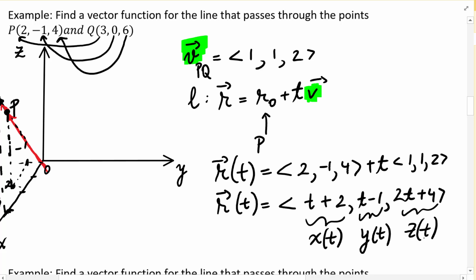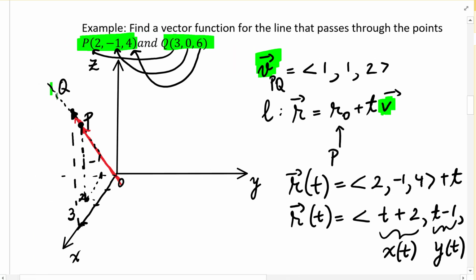If you give to t the value 0, you're going to get 2, negative 1, 4, which are exactly the coordinates of P. If you give to t the value 1, you get 3, 0, and 6, which are the coordinates of Q. And if you give other values for t, you are going to get points that are on this PQ line.